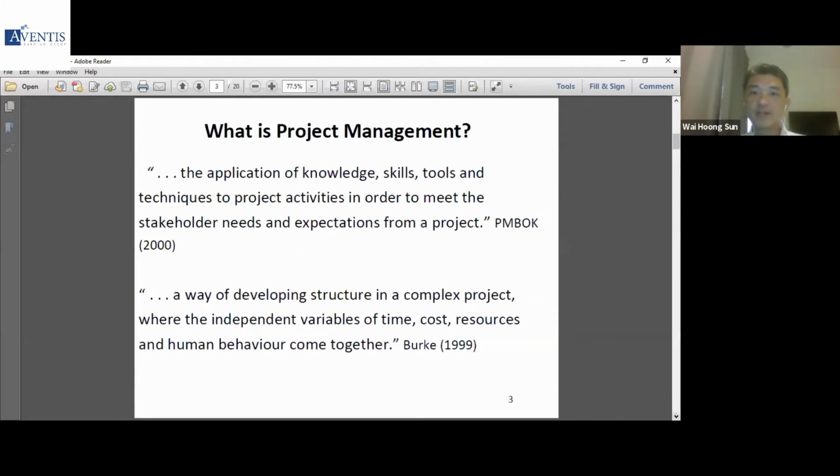Now, what is project management? So the project management is application of knowledge, skills, tools, and techniques, which we have quite a few, as you will see later, in project management to run the project and basically to meet the stakeholder needs. Now, stakeholder is also a term in project management that you will see over and over again.